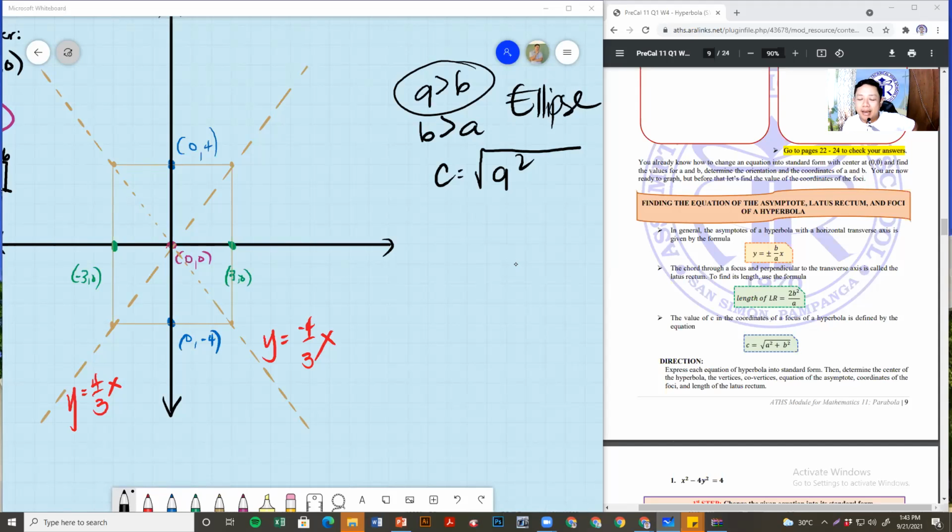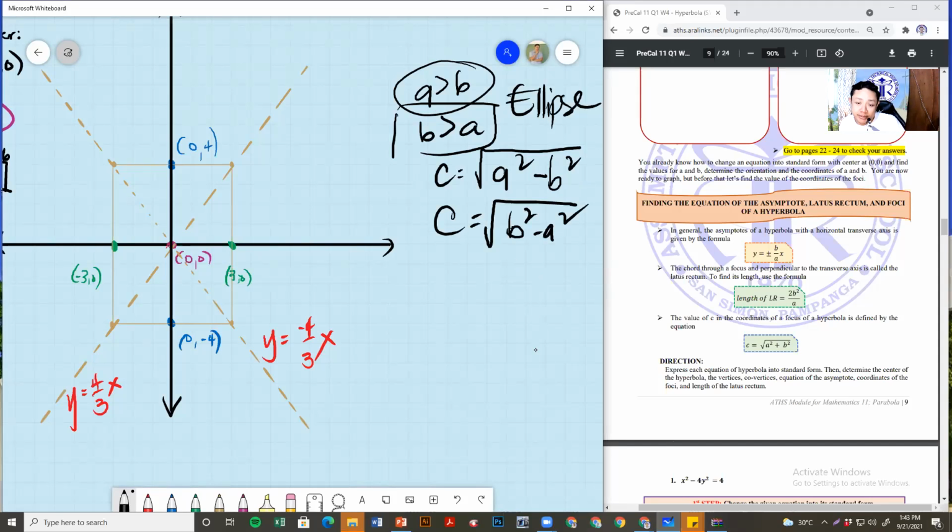Because the greater one always comes first so that the answer should be positive, or else your answer will be imaginary. A math error will appear. So therefore, we have here a squared minus b squared. Or if b is greater than a, that becomes c is equal to the square root of b squared minus a squared. That is for the ellipse.